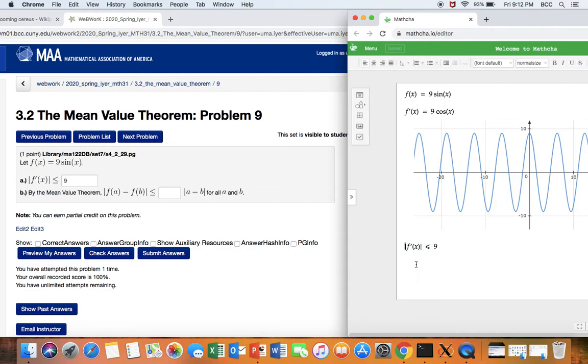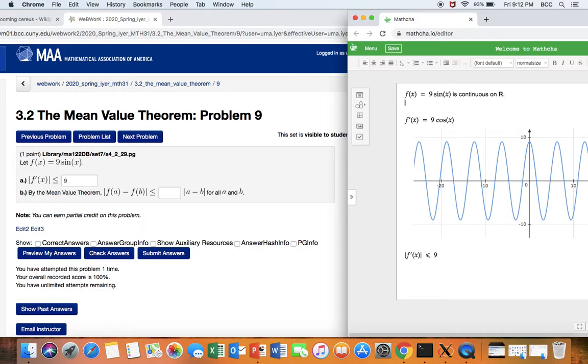So look, now let's understand our function f(x). f(x) is continuous on all real numbers, so f(x) is continuous on any closed interval [a, b]. That's a given, because it's continuous everywhere on the real line. It is continuous on any smaller set.